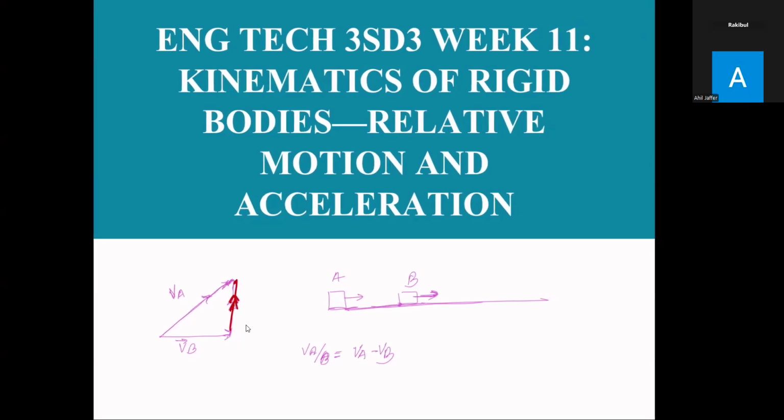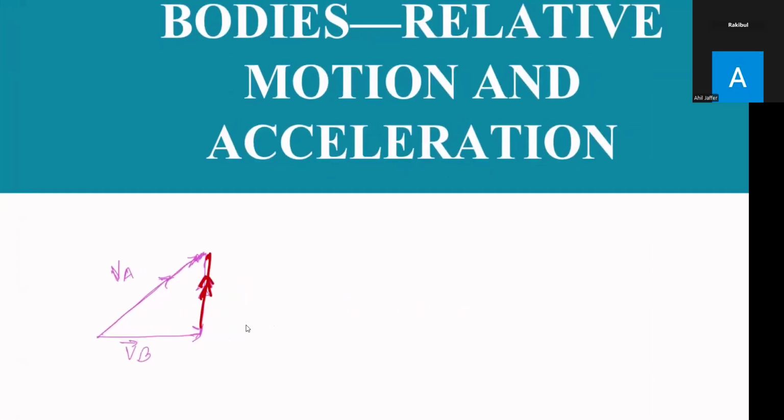So whenever we say VAB or VBA, if it is VBA, it is B to A, and VAB is A to B. You understand my point?